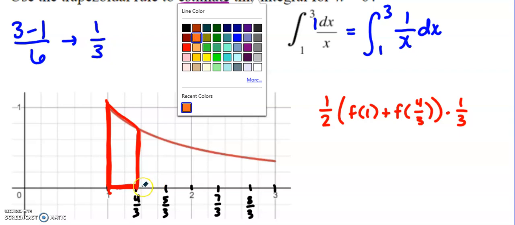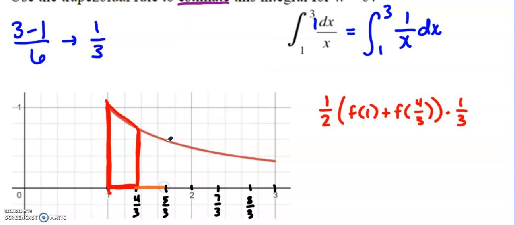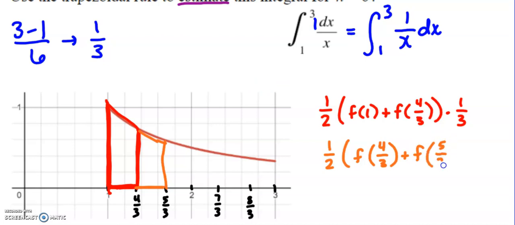The red one, or the orange one then, I'm going to go between these two. The area of that orange trapezoid will be 1/2 my B1, which now is f of 4/3, plus my B2, which is f of 5/3, times my height, which is again just 1/3.